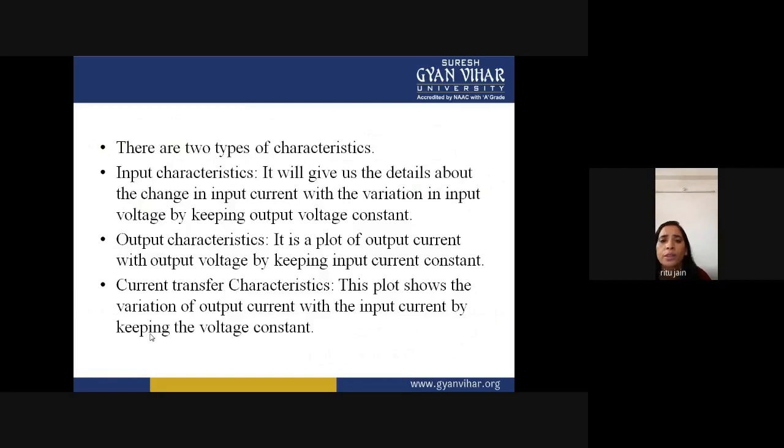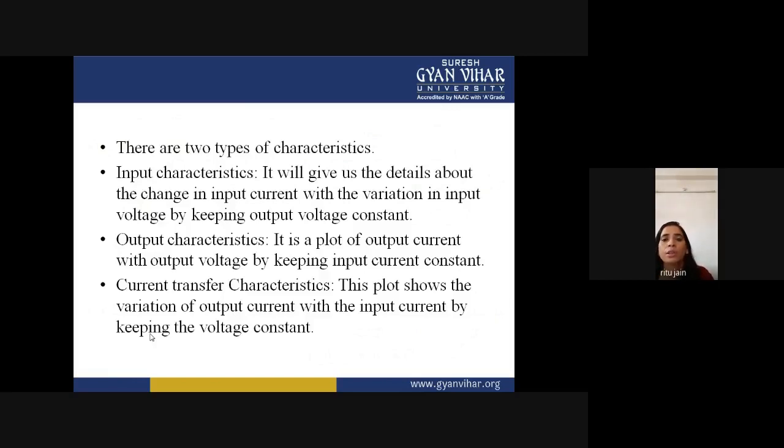Now another characteristic, your output characteristic. It is a plot of output current with output voltage when you are keeping your input current constant. So there are two types of characteristic, input characteristic and output characteristic, in three configurations: common base configuration, common collector configuration, and common emitter configuration.